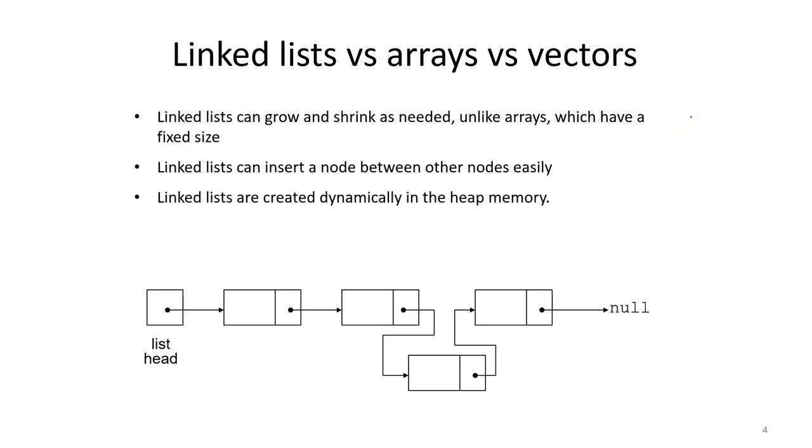So let's talk a little bit more about the specific differences between linked lists and other types of data structures like arrays or vectors. So an interesting feature of linked lists is that they are created in the dynamic memory.